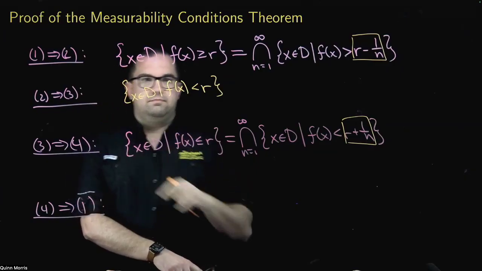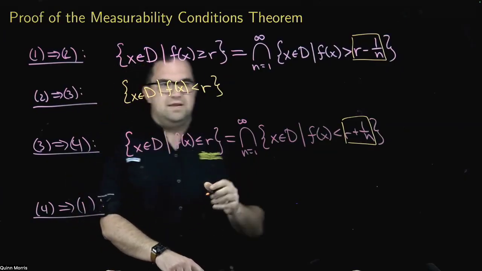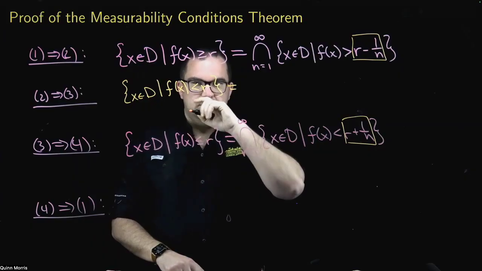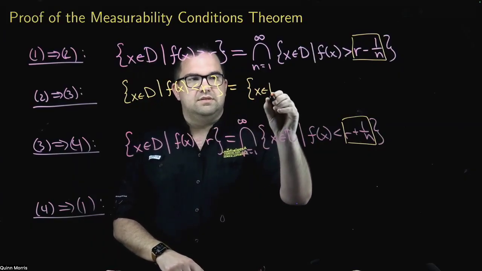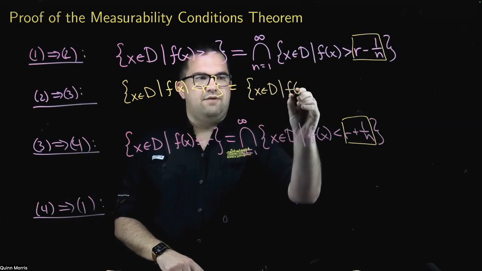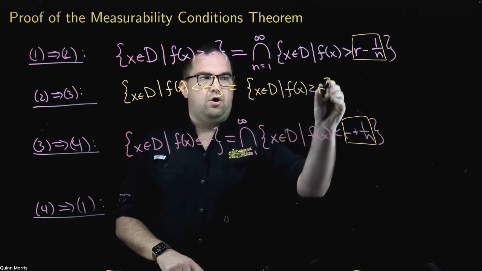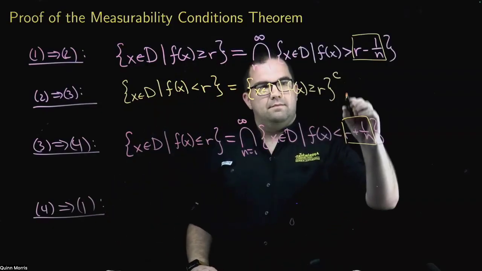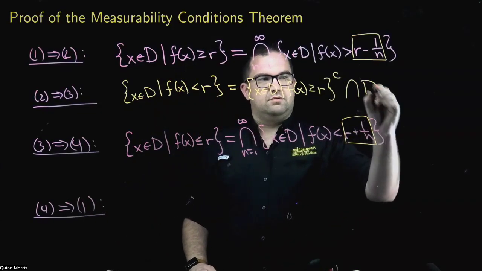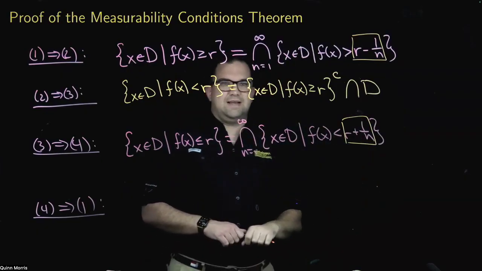That's the part from number 3. I want to show this is measurable. But if I think about it, this is really the set of all x that are in D such that f of x is greater than or equal to r complement, right? But now I have to do something a little careful here. I have to intersect it with D.